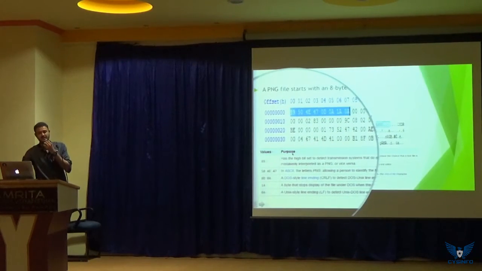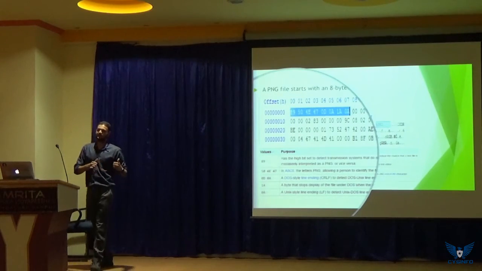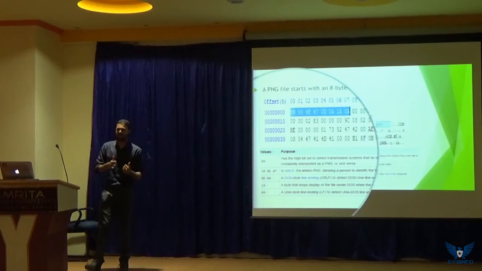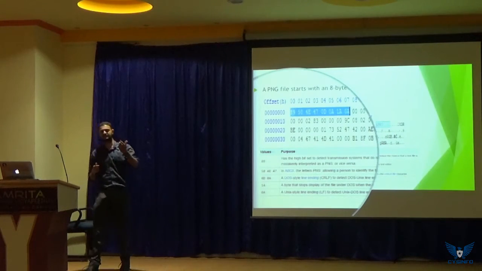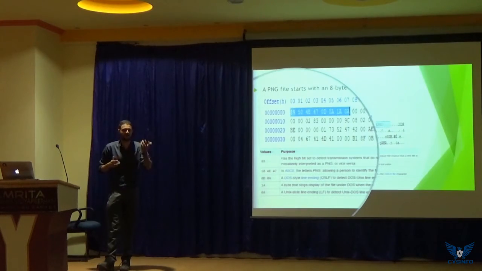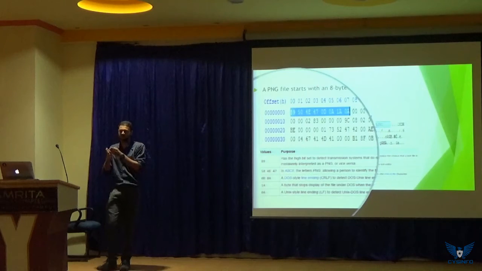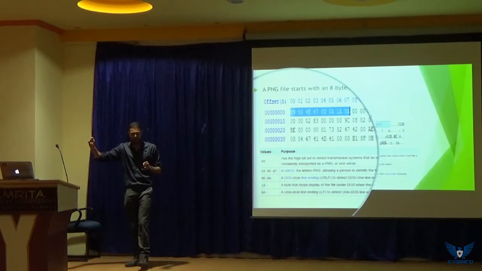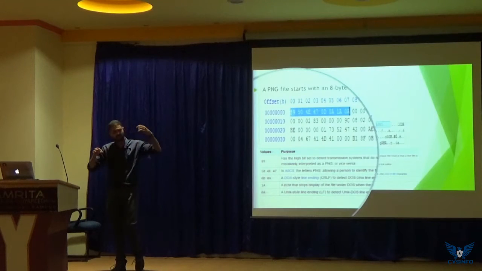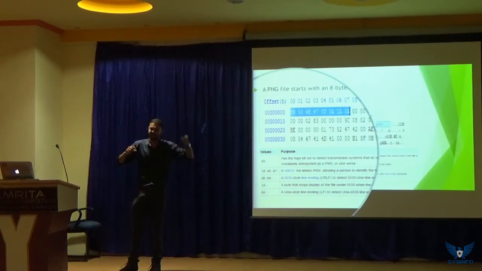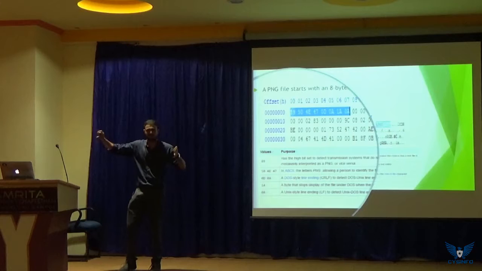Now the last one is the Unix-style line ending. In Linux and DOS we have a little bit of difference: Unix does not use that CR. It does not go to the next line and to the left; it continuously prints the characters.